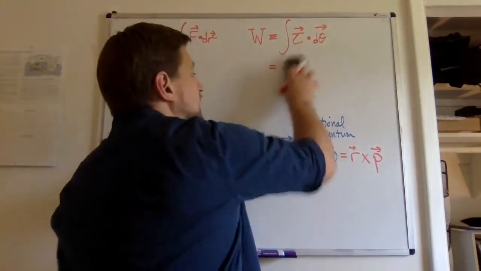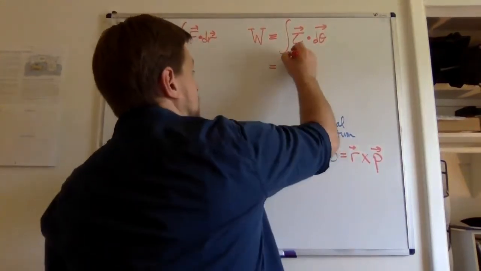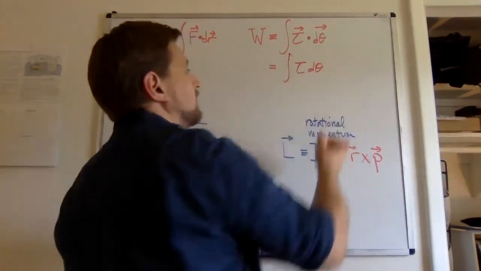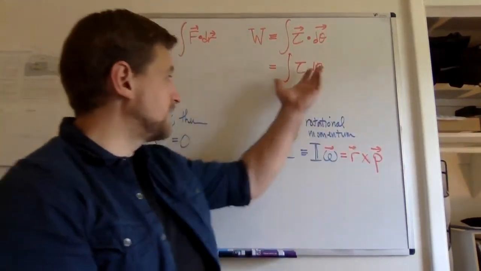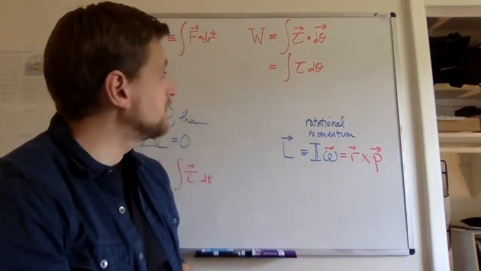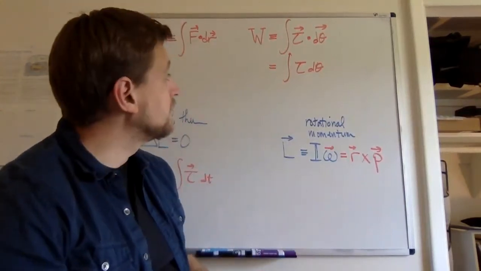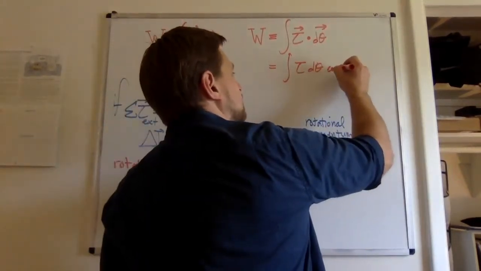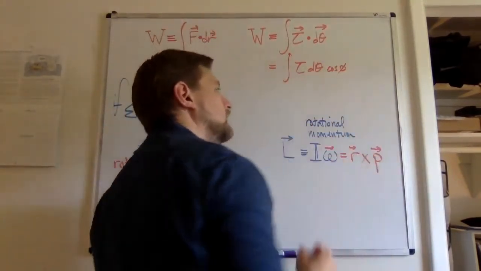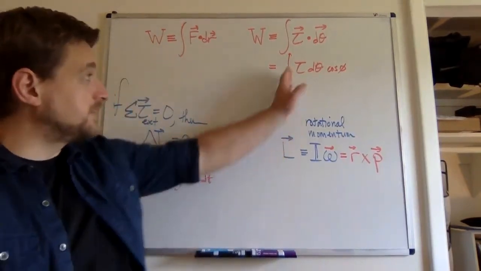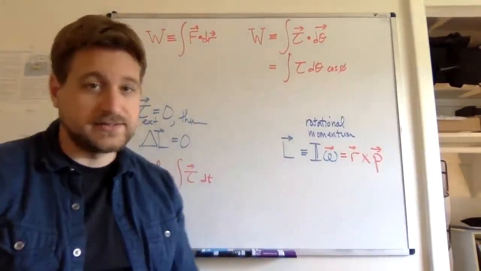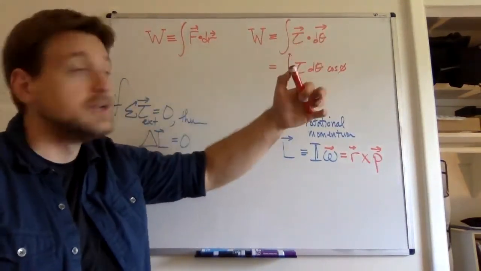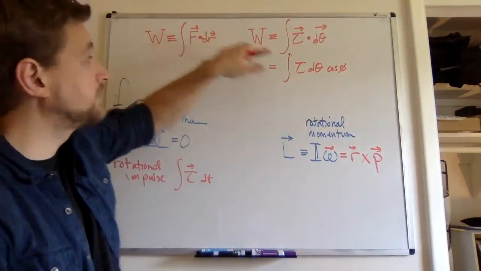If it doesn't reduce to that, it will, in our consideration, reduce to torque d theta. Possibly the torque is a function, we have to integrate it. But the vector nature goes away if we talk about whether these two things are parallel or anti-parallel. So almost always the vector nature of this integral goes away for rotation. We don't need to worry about path integrals. We can just integrate.